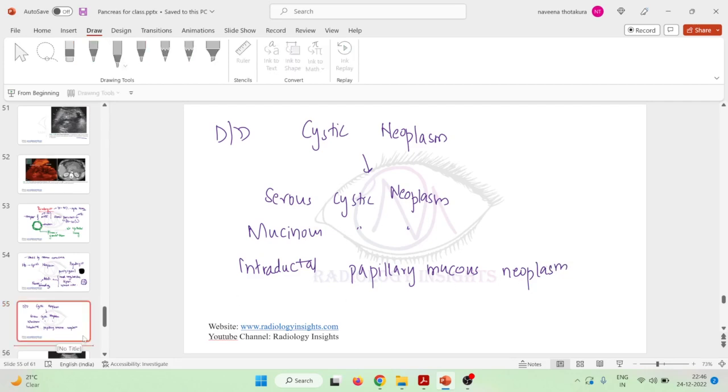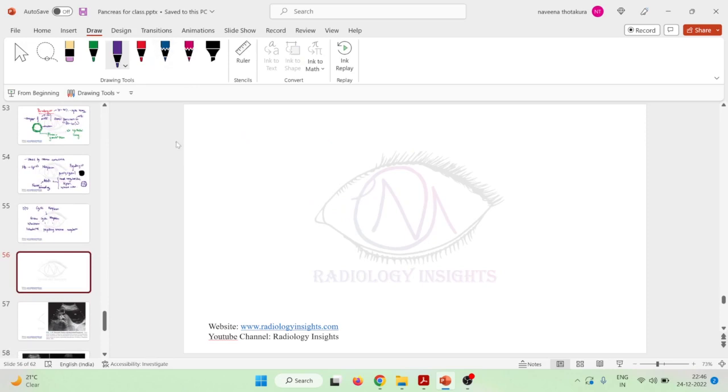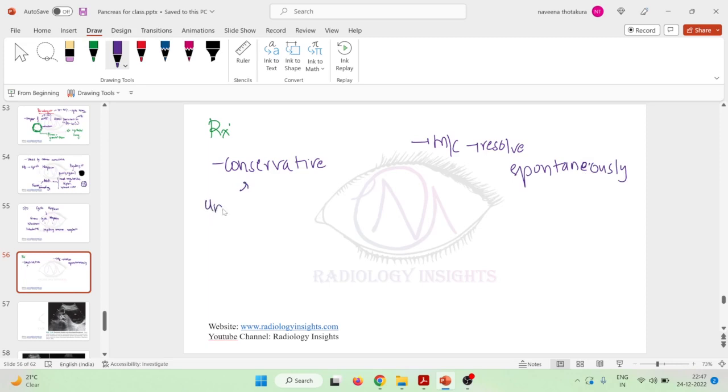Next, how are you going to treat the pseudocyst? Conservative management is most important in patients with pseudocyst. Mostly it is conservative because most commonly the pseudocyst will resolve spontaneously by itself unless there are complications.